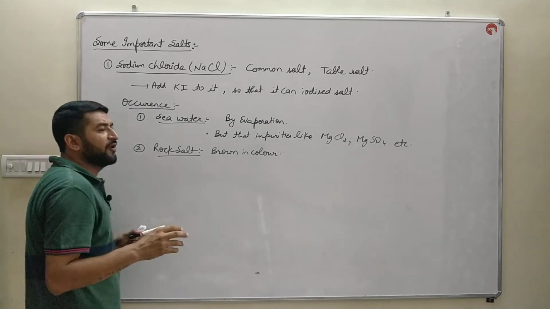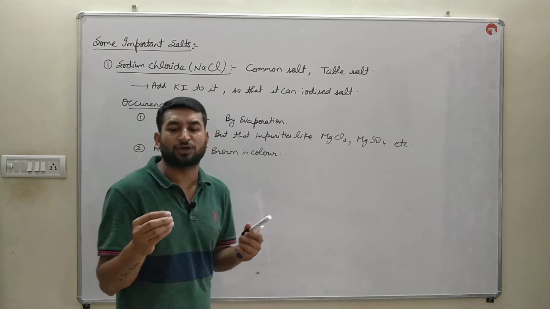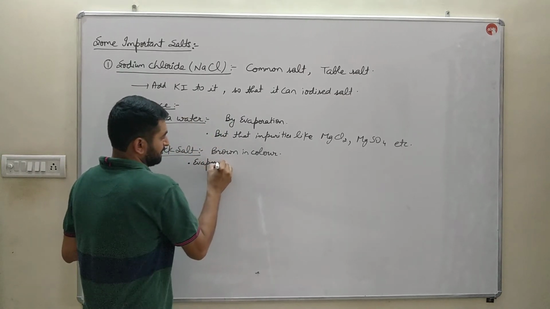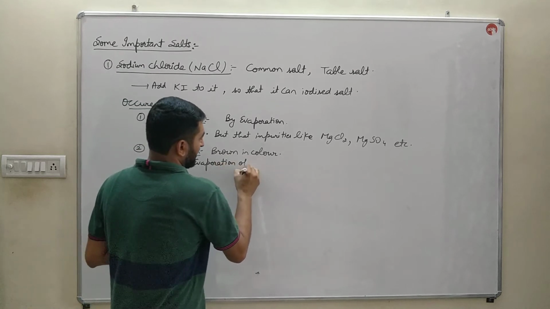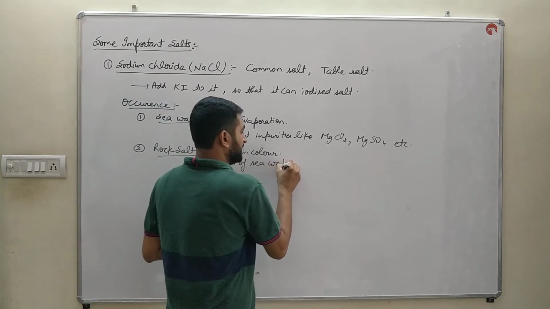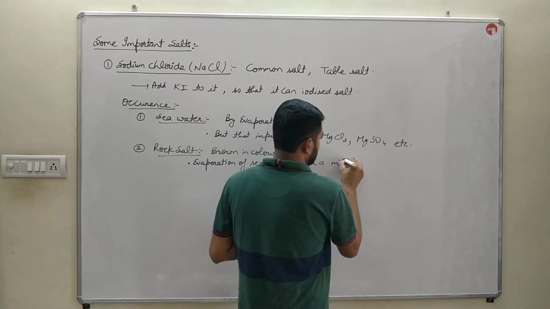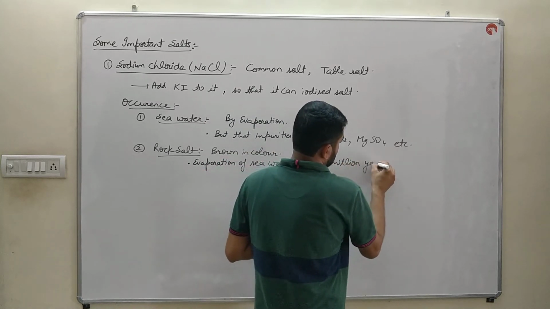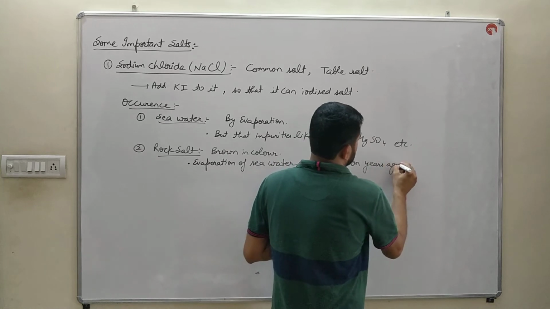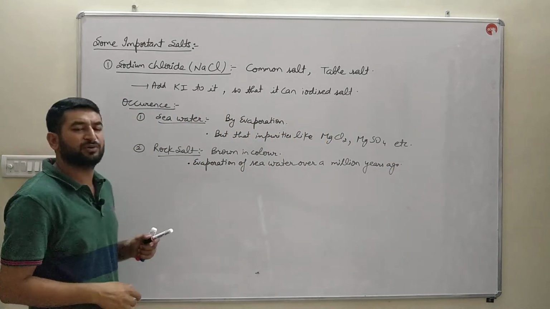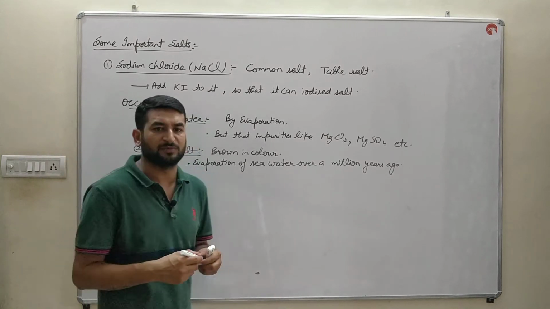This rock salt is formed due to evaporation of seawater over a million years ago, due to which that rock salt is formed. It is a hypothesis about the formation of that rock salt.